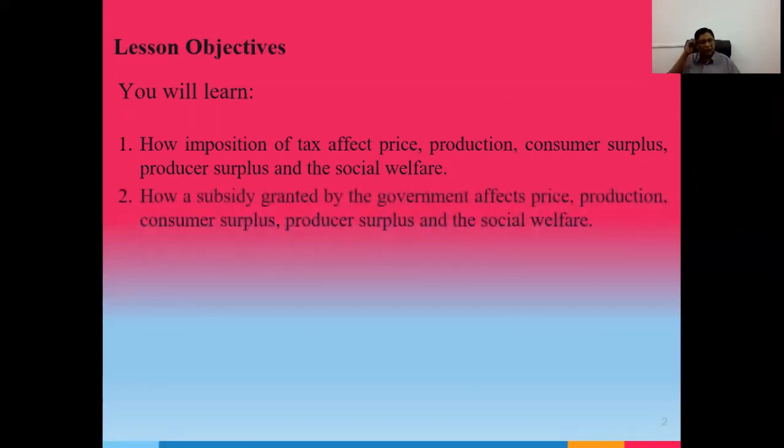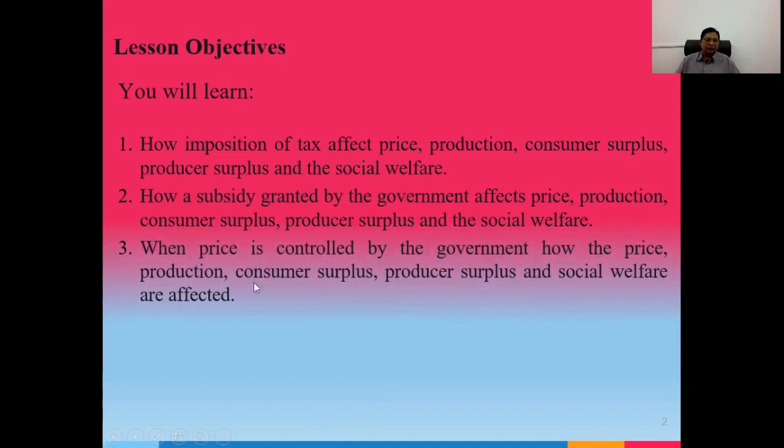Then you will learn how a subsidy granted by the government affects price of the production, quantity of the production, consumer surplus, producer surplus, and social welfare.